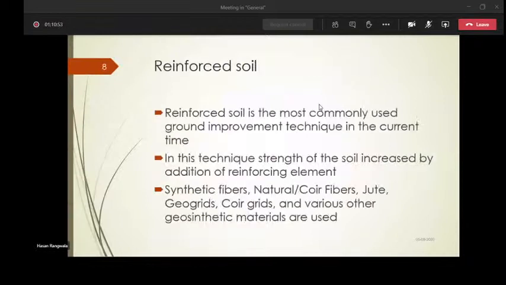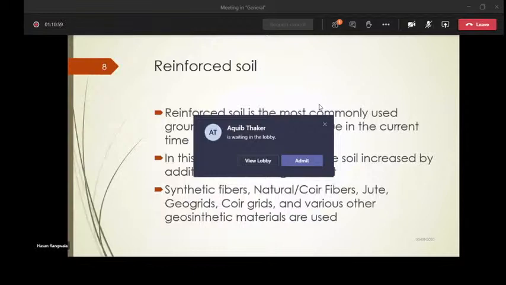We will first take a look at reinforced soil and reinforced soil systems, and the different types of reinforced soil systems in practice. So what is this reinforced soil? Reinforced soil is the most commonly used ground management method in the current time, and there has been quite good hope of this method. Why?